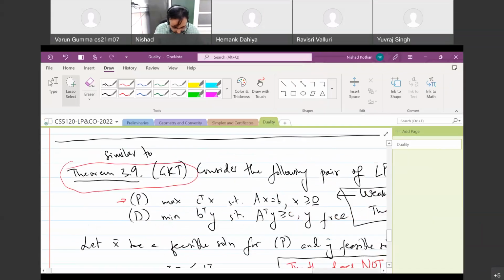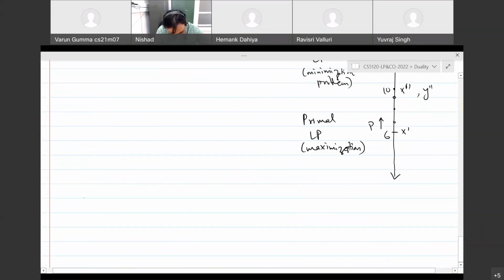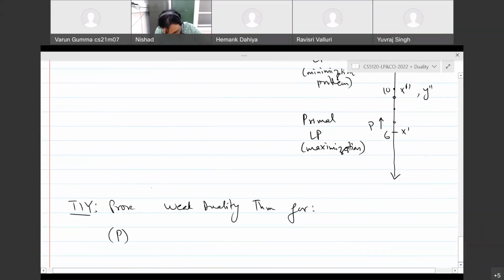So I would like you to try it yourself. Prove a weak duality theorem for the following linear program. The primal is the same as before, but I have changed it to a minimization problem.